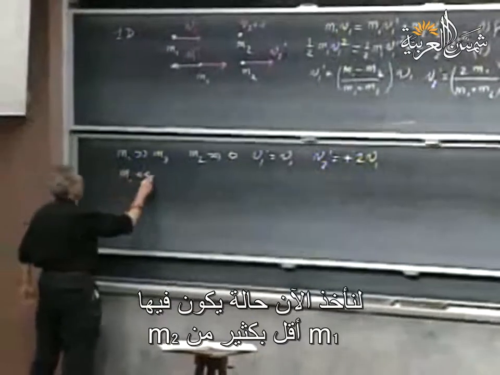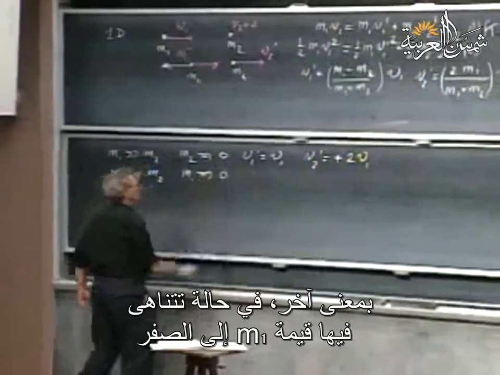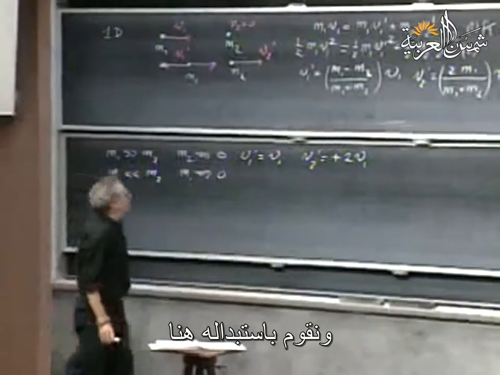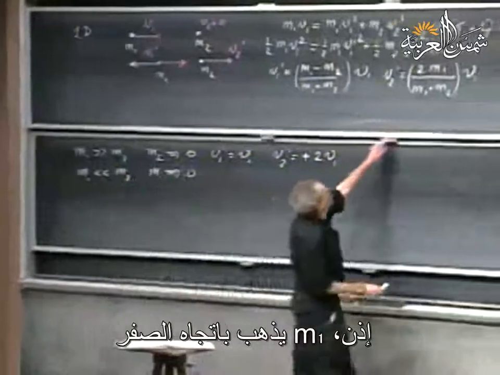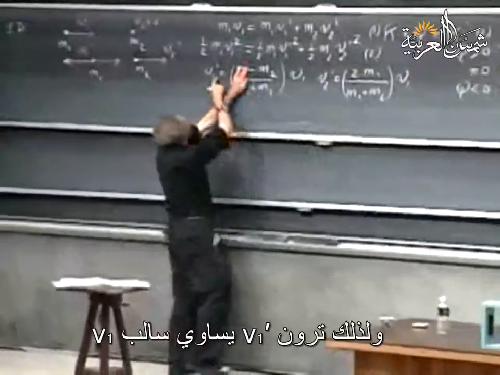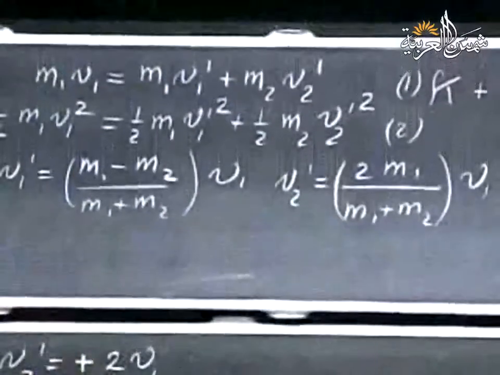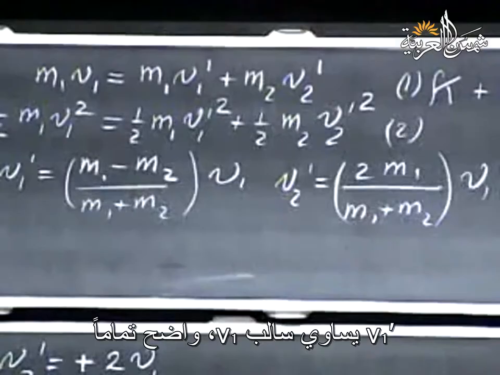Now let's take a case whereby M1 is much, much less than M2. In other words, in the limiting case, M1 goes to 0. We substitute that in here, so this is 0, and you see V1 prime equals minus V1.